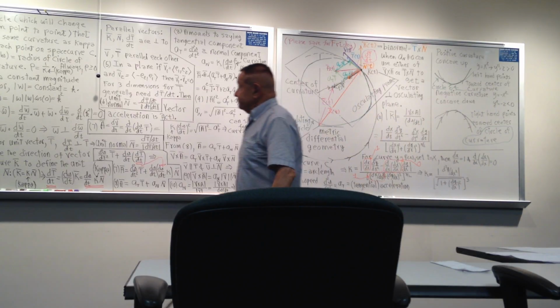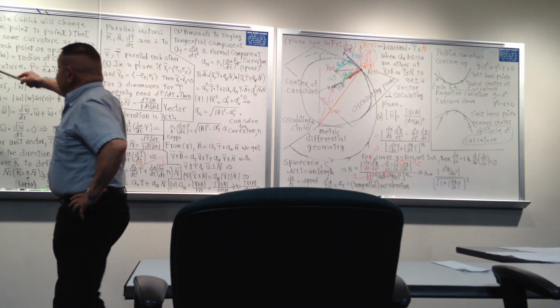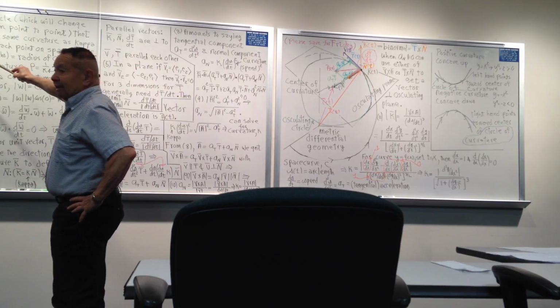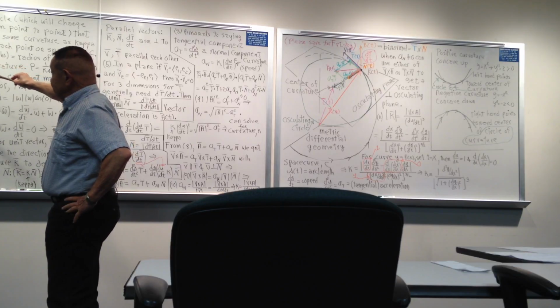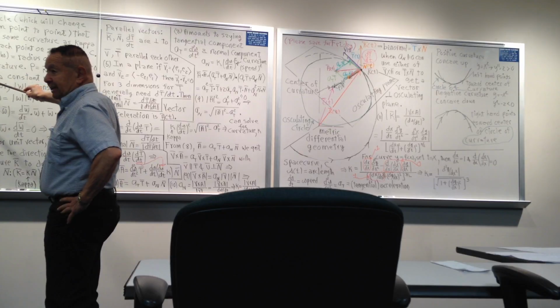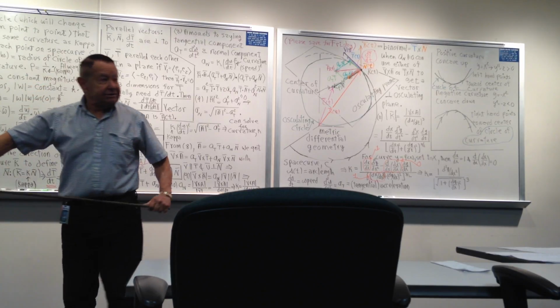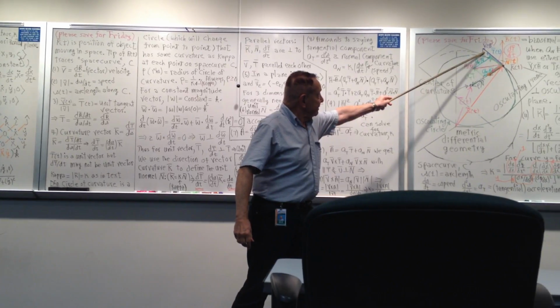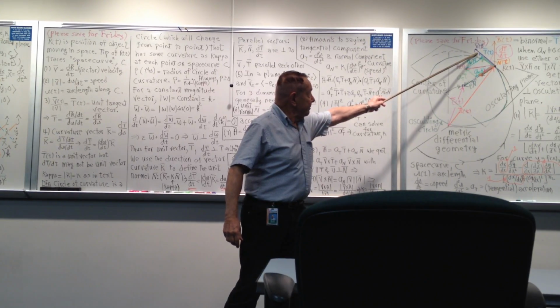Then the r of t being given as a differentiable function, which we're assuming, you can do dr/dt, and that's your velocity vector, which is your line in purple here.